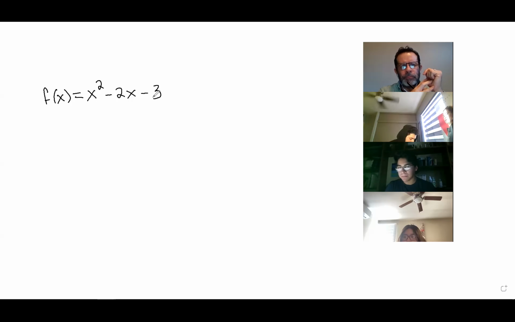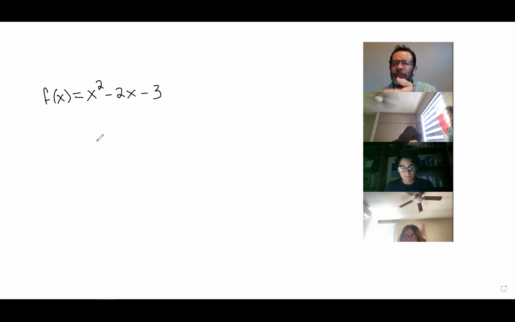So the first thing we're going to try to do when we want to sketch the graph of a quadratic equation is find out what roots it has, because the roots are the x-intercepts, the points where the graph crosses the x-axis. To find the roots, we can directly use the general formula.